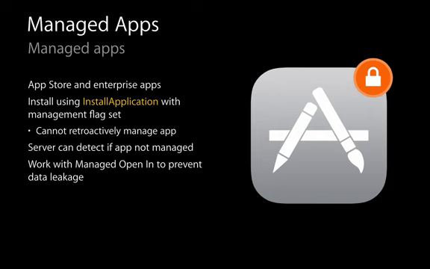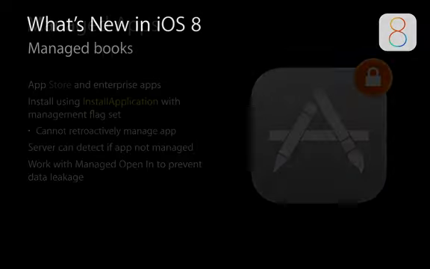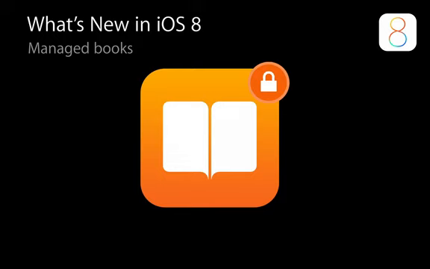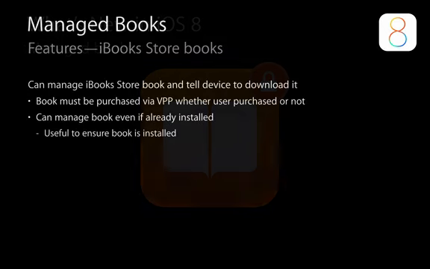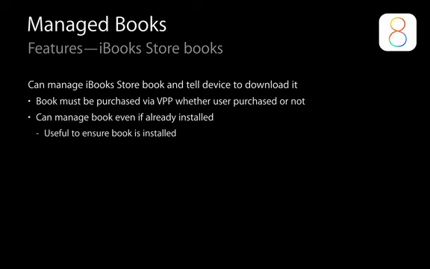So you might imagine I talked about filling gaps and eliminating inconsistencies. We have managed apps. So what are we introducing in iOS 8? Well, of course, managed books. And just like managed apps, managed books works with iBook Store books, where you can, just like managed apps, tell the device to download a particular iBook Store book and treat it as managed.